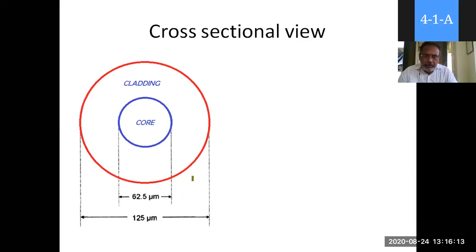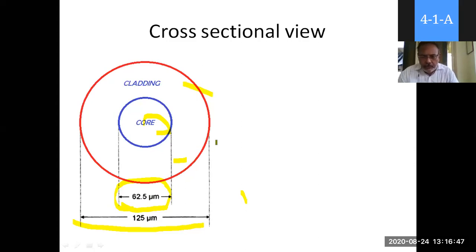So here the cross-section view of the fiber seems to be like this. Here it is the core and the cladding. The core value I have given here is 62.5 micrometers, and the outer value is 125 micrometers. These are not fixed values. They are variable as per the manufacturing and propagation requirements.